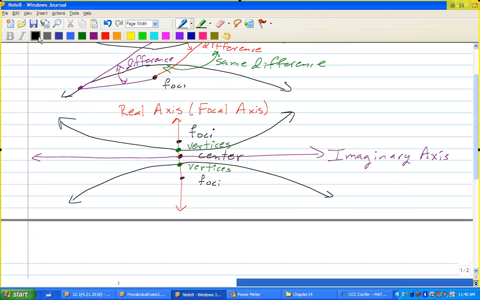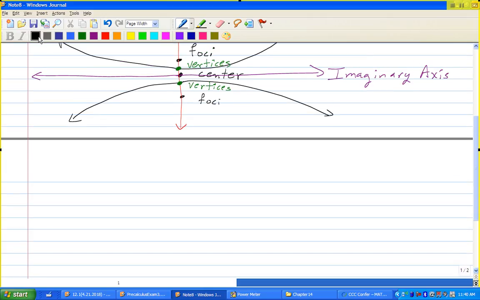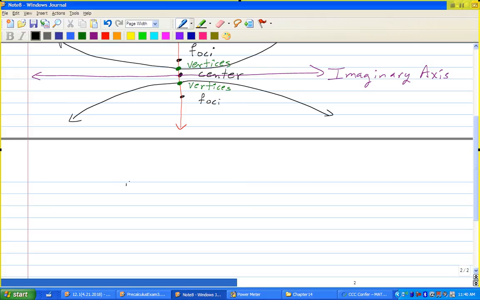Next, and maybe I'll draw it again, we have something called a bounding rectangle.